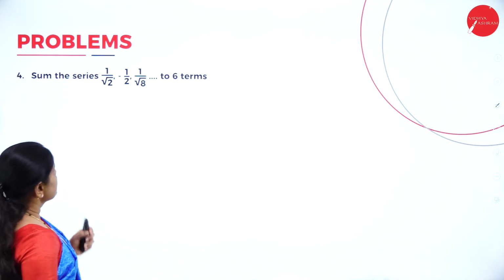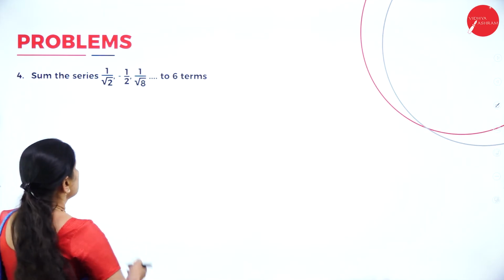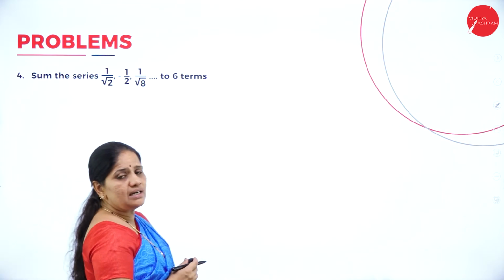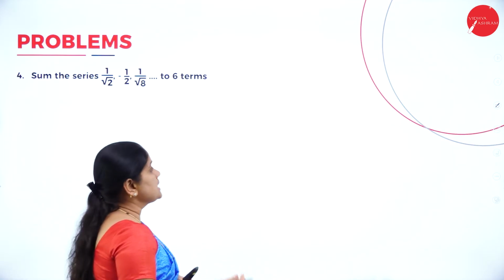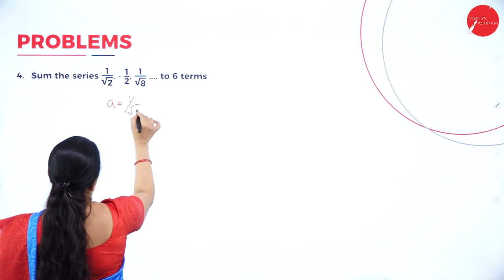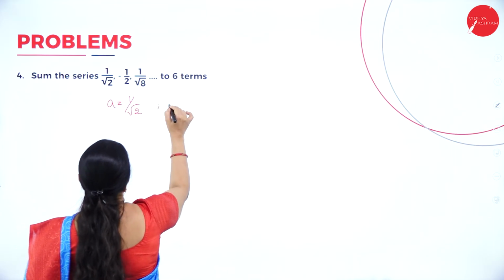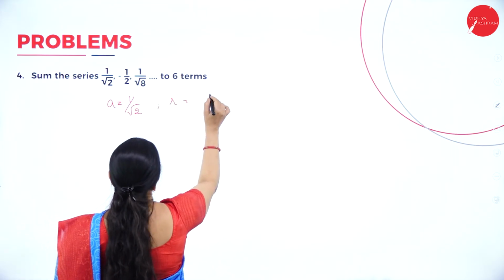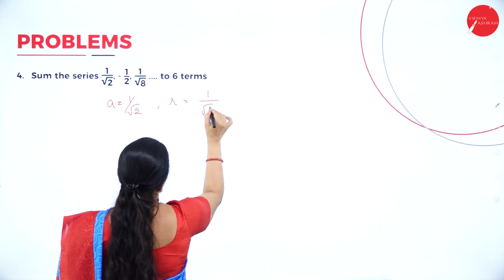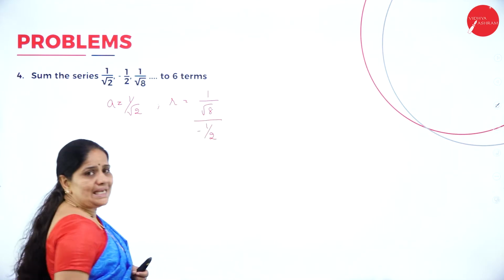Now, the next problem. Here, sum the series to 6 terms. So, they have given the series here. So, we have to sum the series. I'll just write what is A. A is 1 by root 2. Then, I have to find R. R equals 1 by root 8 divided by minus 1 by 2.